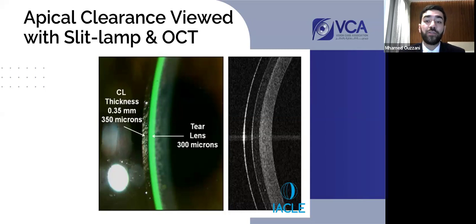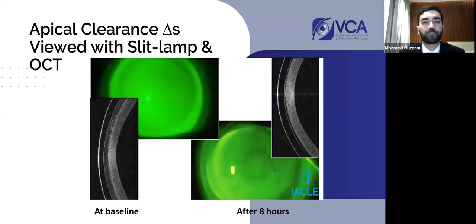So you don't use the corneal pachymetry as a reference to calculate this apical clearance. Instead, you will use the contact lens thickness that is communicated by the manufacturer. And so you can fit your lenses properly.